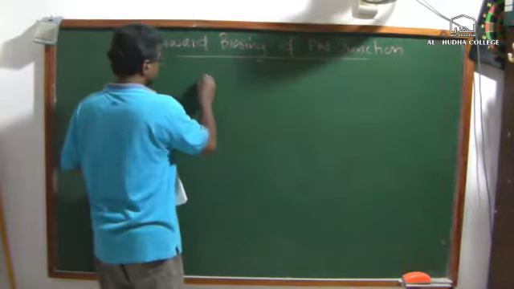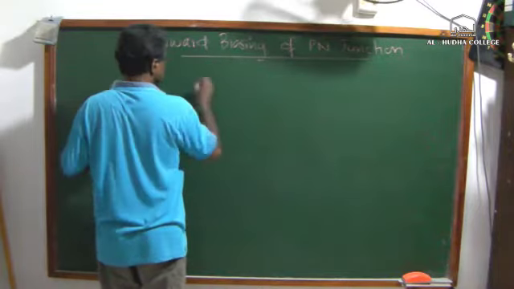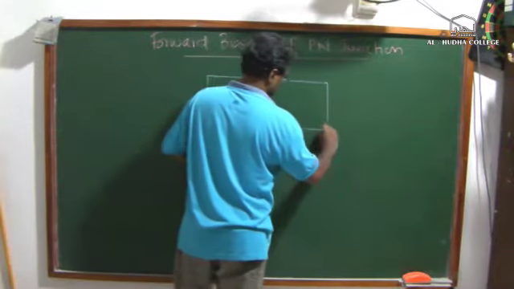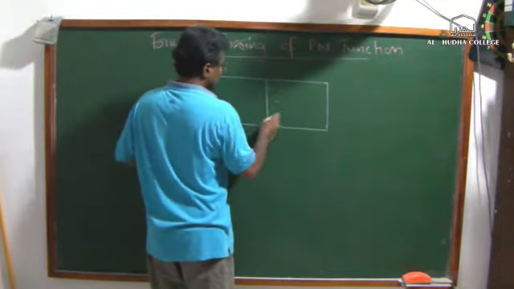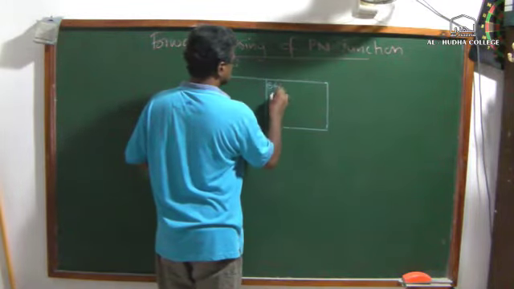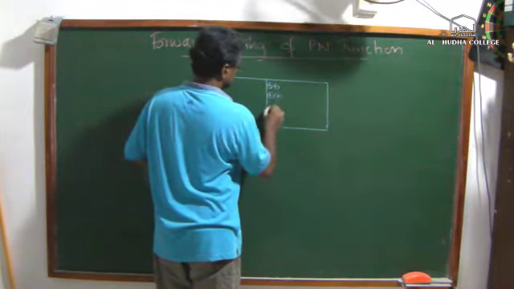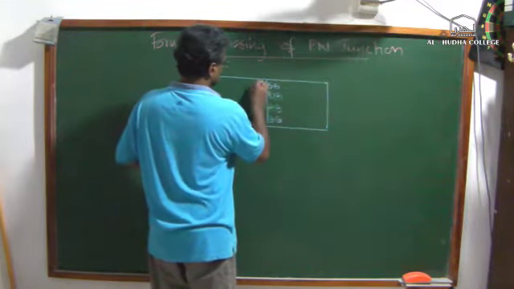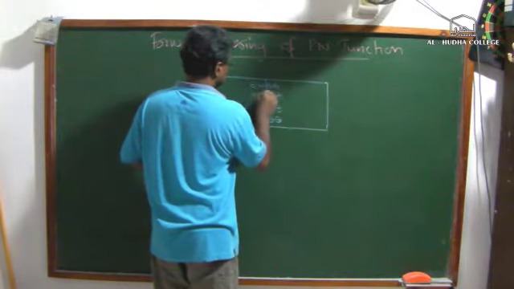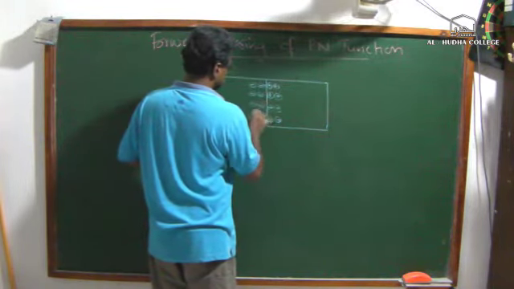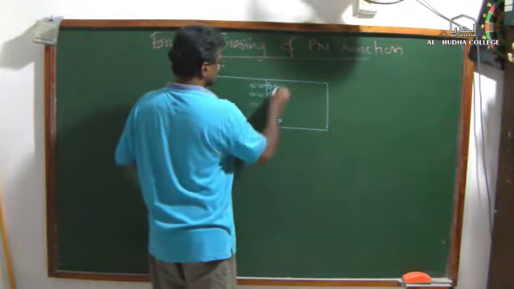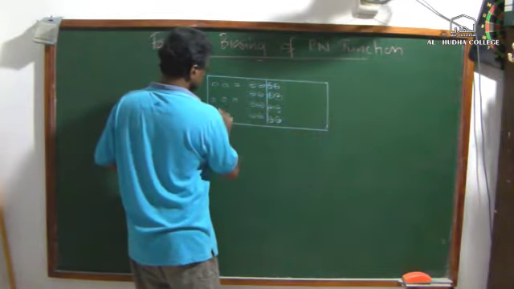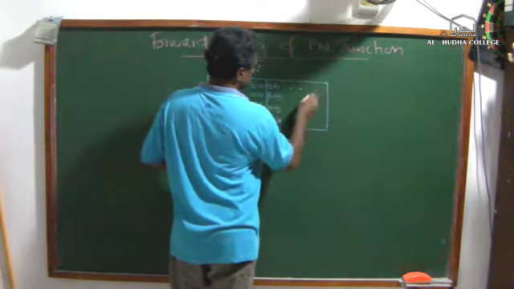So forward biasing means, we have the depletion region and we have holes here and electrons here.